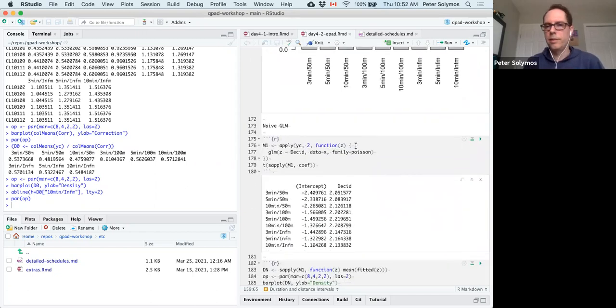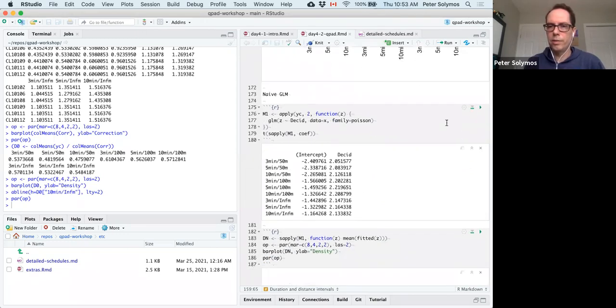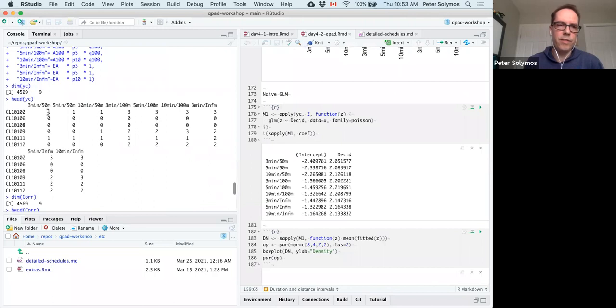And now let's do this in a GLM framework and without explaining this too much. This is just fitting the same model to each of these columns as the response variable using deciduous cover as our predictor and no offsets. So just plain GLM.